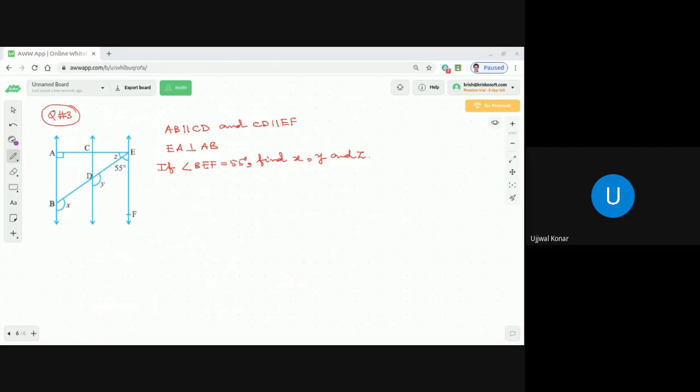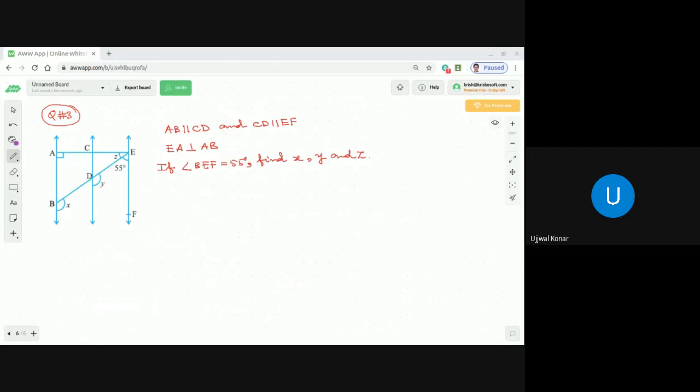Appreciate. Now, one thing is pretty simple: angle Y and angle 55 degrees add up to 180 degrees, dear students. Why? Interior angles on the same side of the transversal ED.